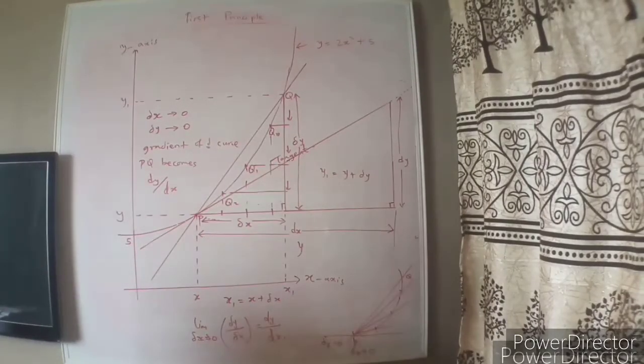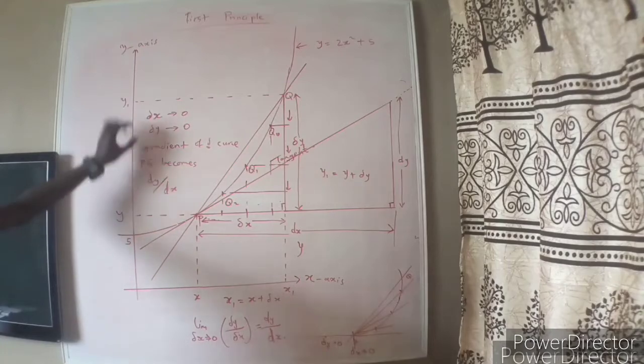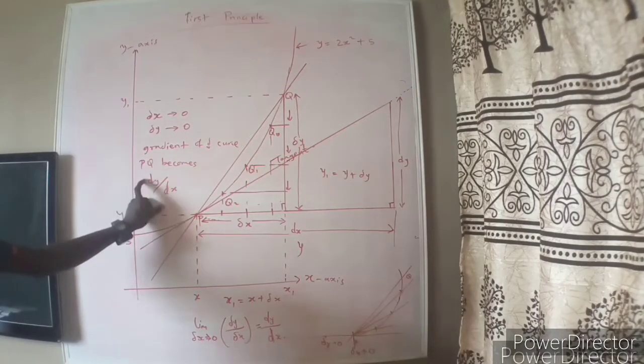That's just it. So that's what brought about the limit of dy/dx, change in y over change in x becoming dy/dx.